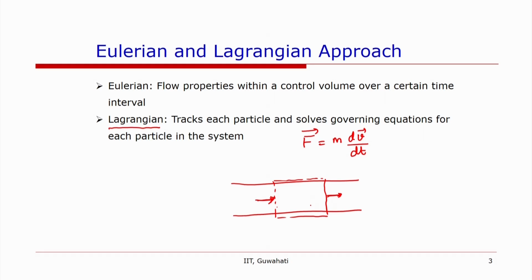But irrespective of that, we look at the fluid particles that are inside the control volume, and we do not follow the same particles for the entire time period for which the analysis is being made.